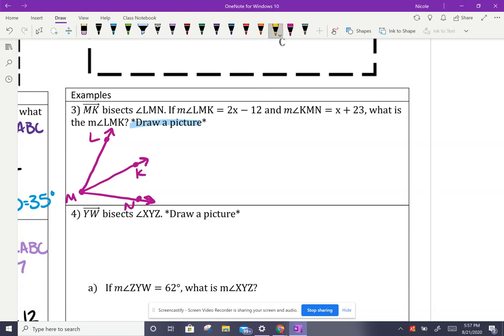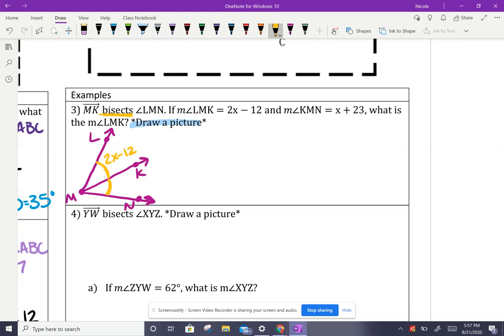So I'm going to fill out the measure of angle LMK right here, which is 2x minus 12. And it does say bisect, so I can go ahead and assume that these two angles are congruent.